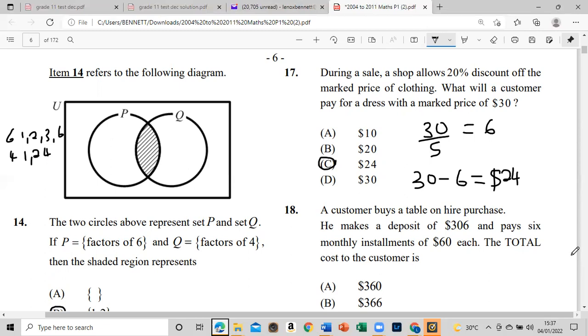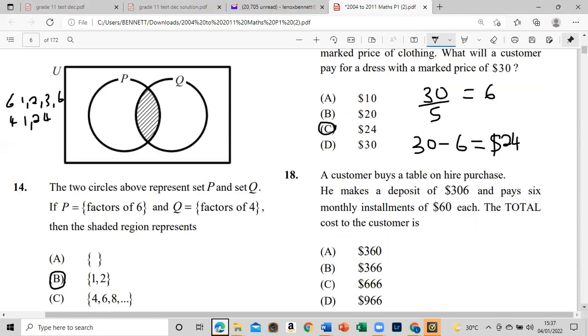A customer buys a table on hire purchase. He makes a deposit of $306 and pays 6 monthly installments of $60 each. Total cost to the customer is, so the deposit is the money you pay first. So you carry that first. But then you have to pay a monthly installment for 6 months.